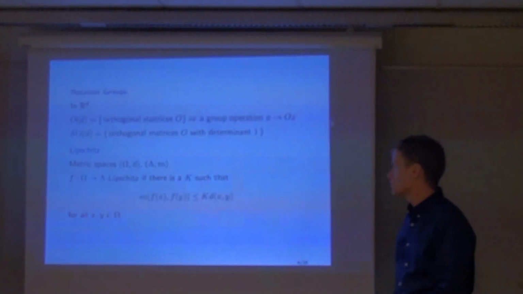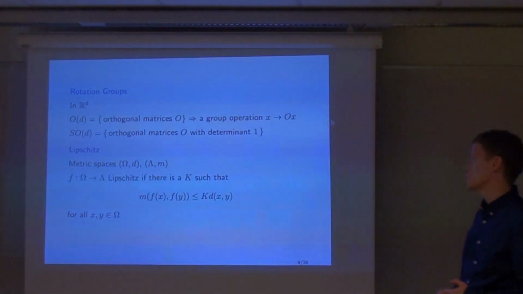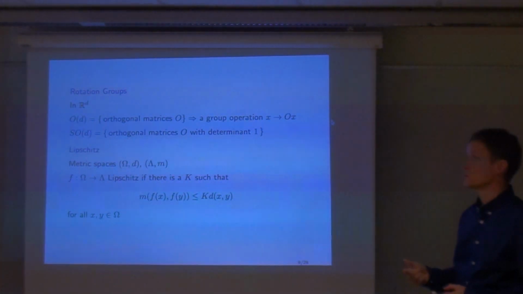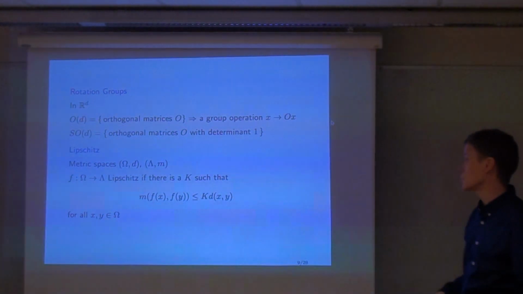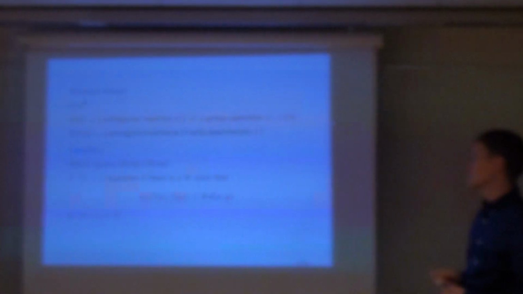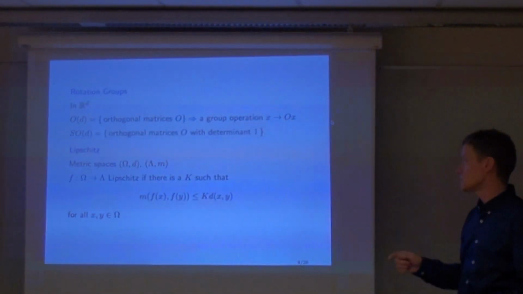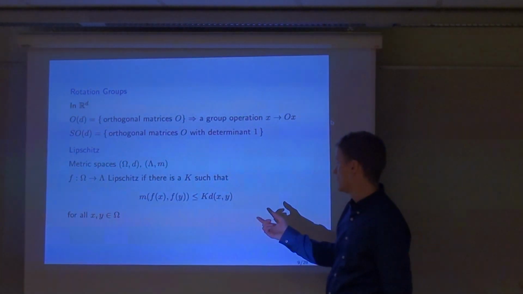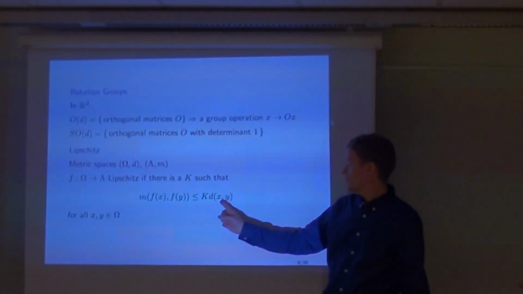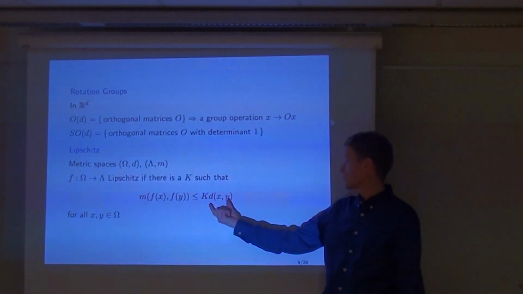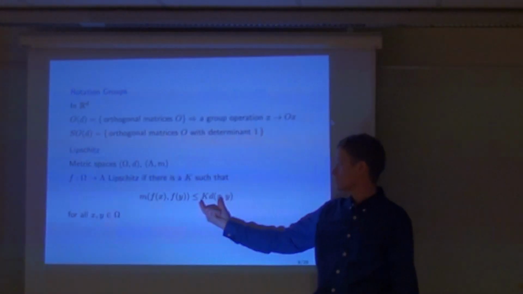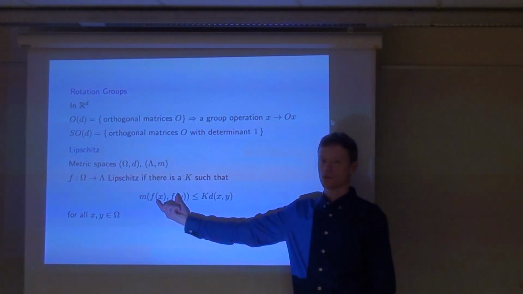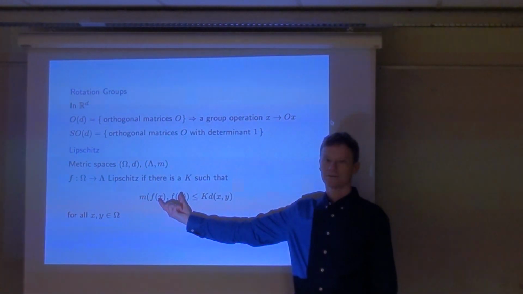One more thing we need for later. If you have two metric spaces, that can come from normed spaces, of course, the function is Lipschitz or Lipschitz continuous if two input points are close, then the corresponding two output points cannot be too far away.